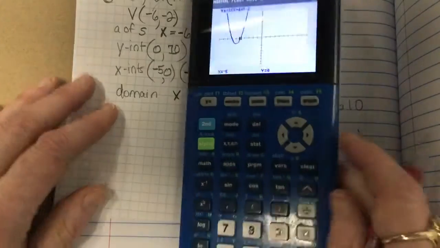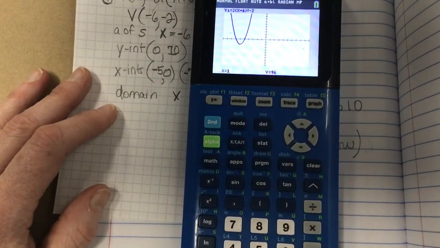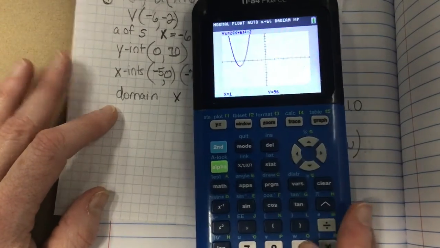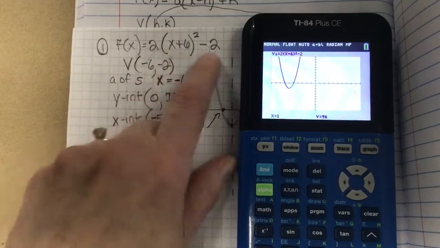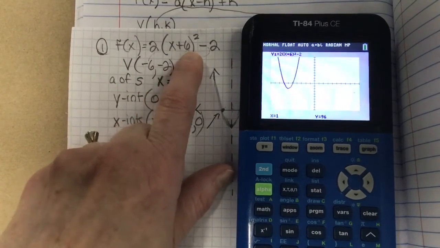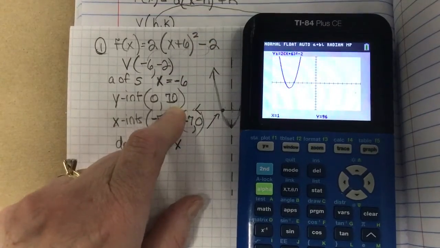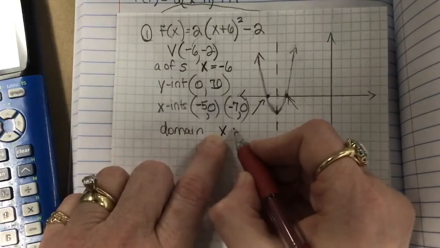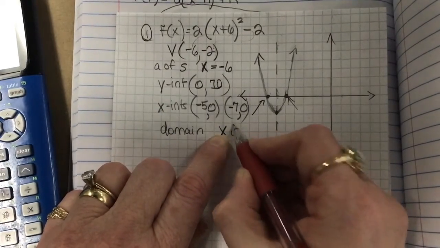Now, if I type in 1, is there a y? Yeah, it's 96. If I type in 2, now here's the question. Is there any number that you can't square? Can you take any number you want to, add 6 to it, and square it? Yeah, all reals. All x is all reals.